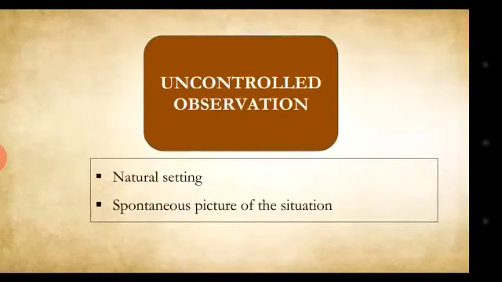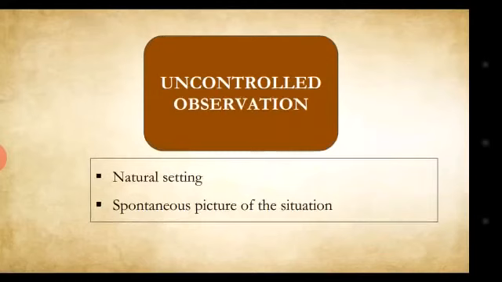Suppose I'm going to study the movement of birds or animals' expressions, how they react. We don't create any conditions, because when you watch Discovery channels, they always wait for the natural things to take place spontaneously. It is called uncontrolled because it is the field.